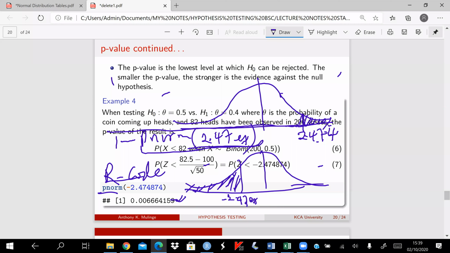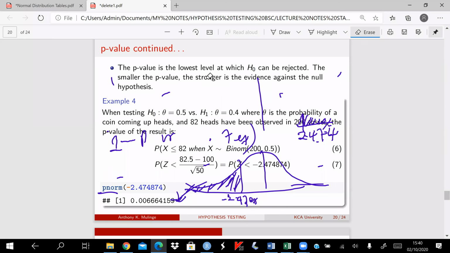So if you want the remaining upper area, you take 1 minus, you use the complement rule. You can play around with that code and get different values. So basically that's the p-value.